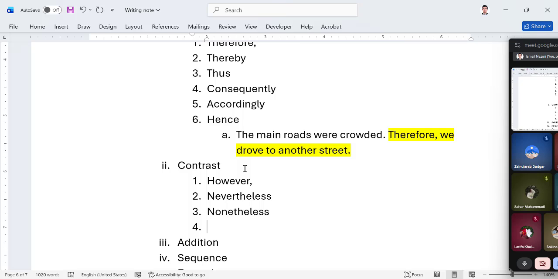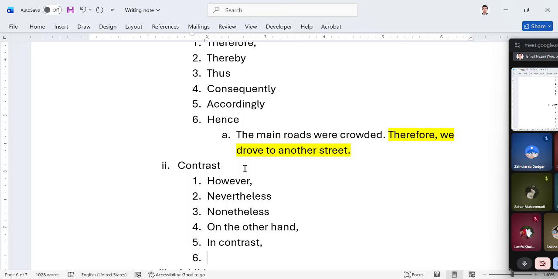These are the contrast conjunctive adverbs. Actually, we have other ones as well. The most common ones we have, for example, are on the other hand and in contrast. So these are the most common of them that we can use.